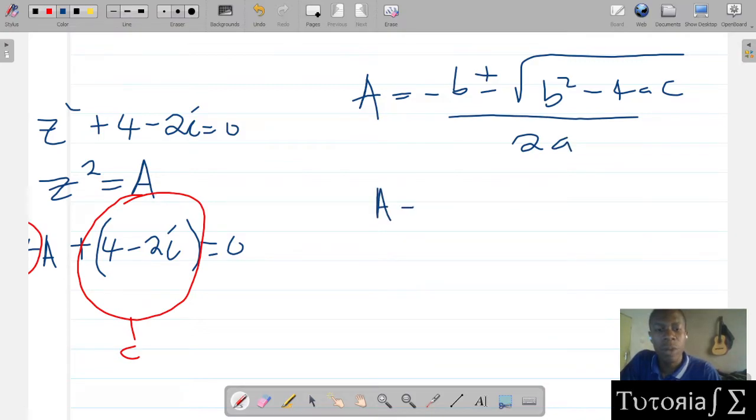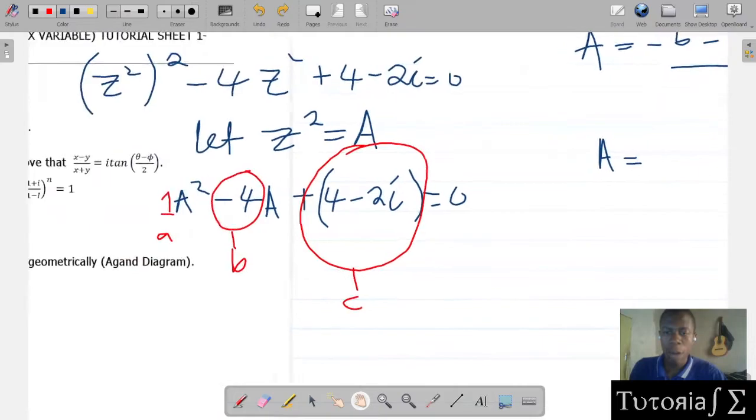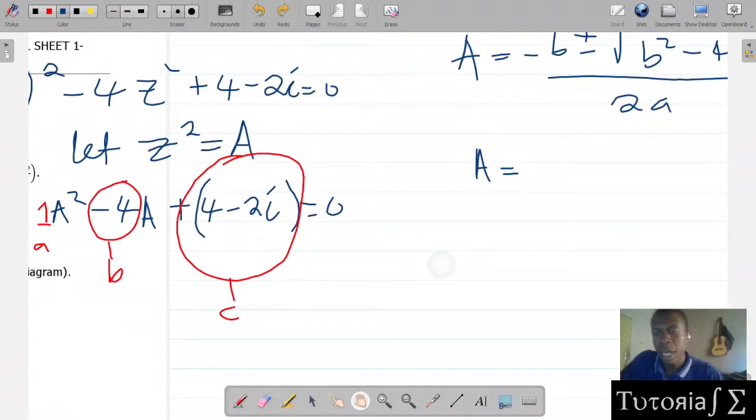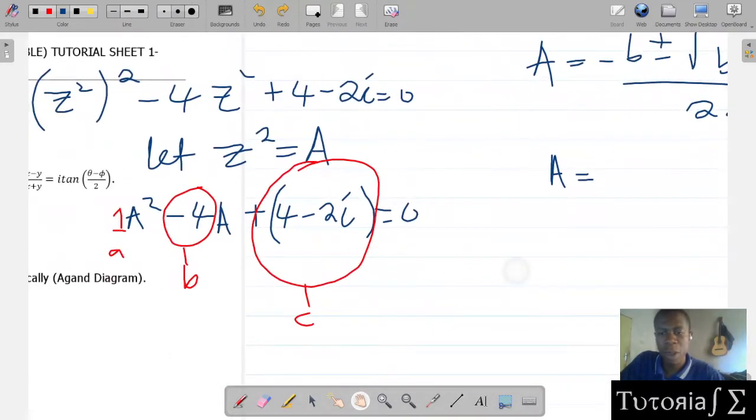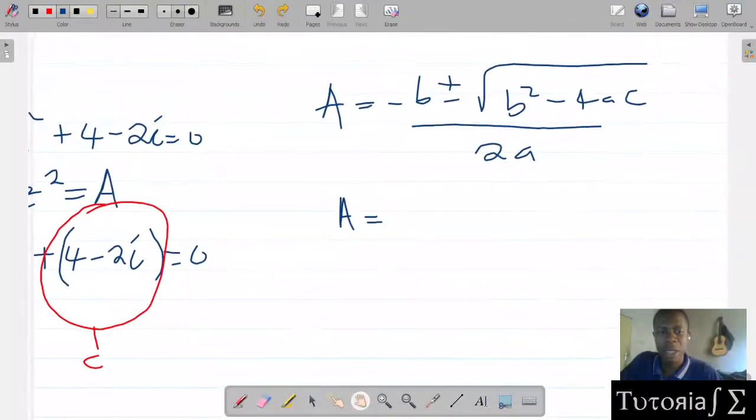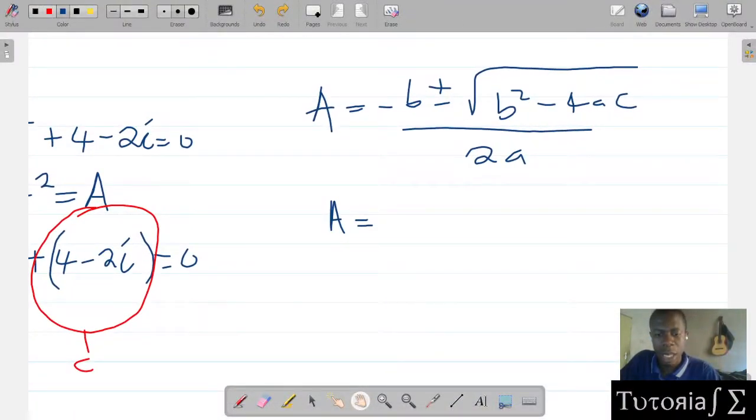Then our A will be equal to, what is our B? So let's check here. Our B is negative 4, our A is 1, and that is so. So our B is negative 4.